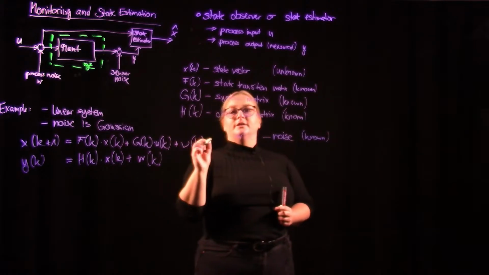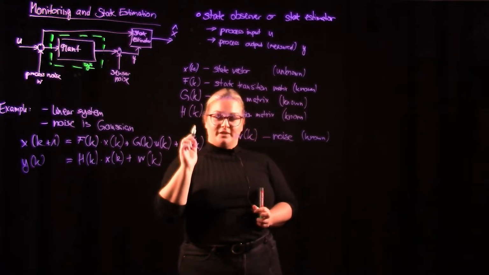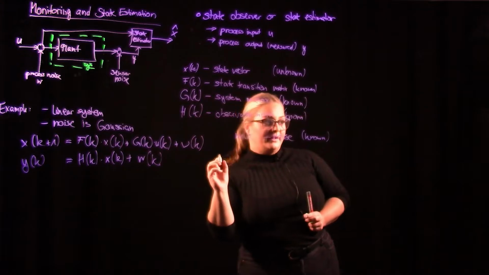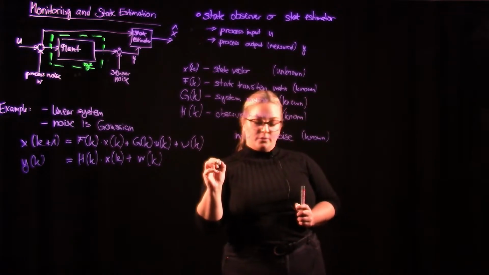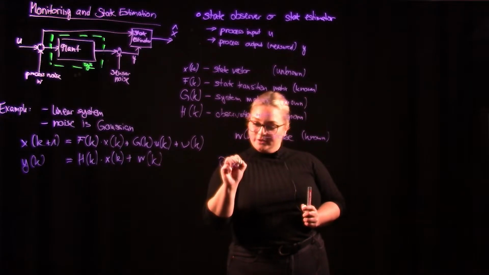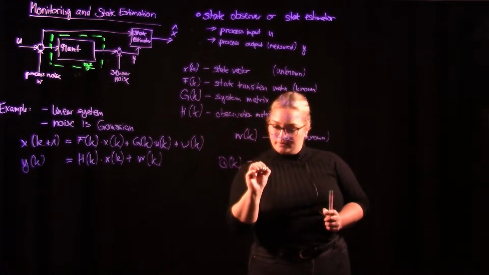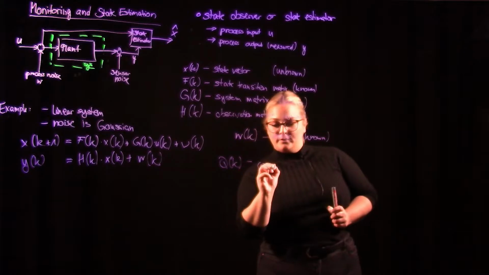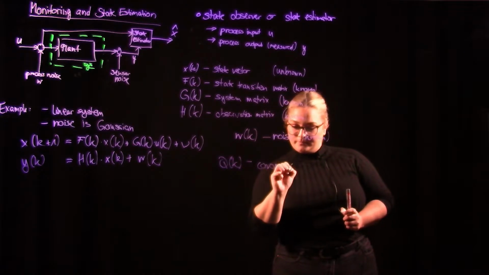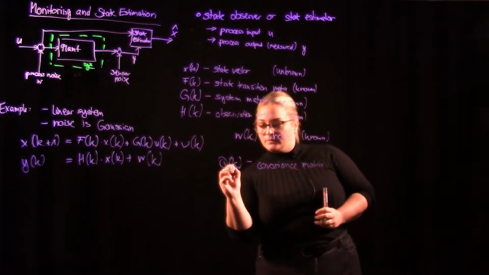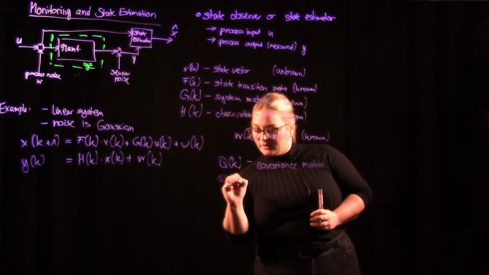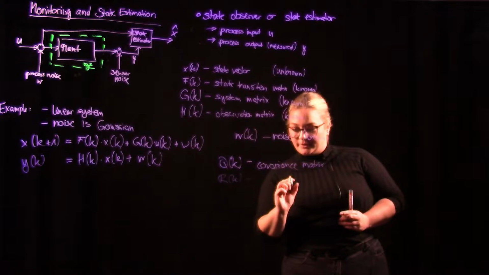All of our noise terms are described by their covariance matrices, which are Q from k and R from k.